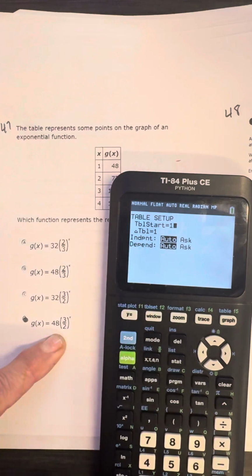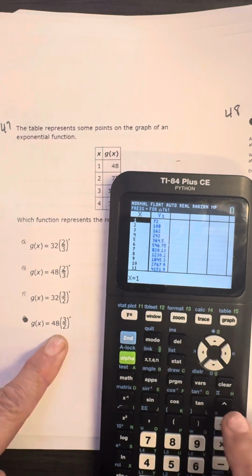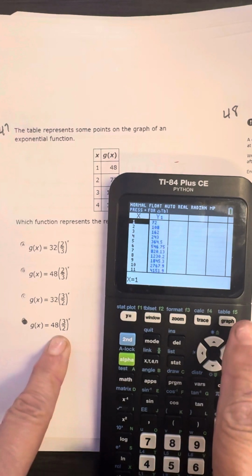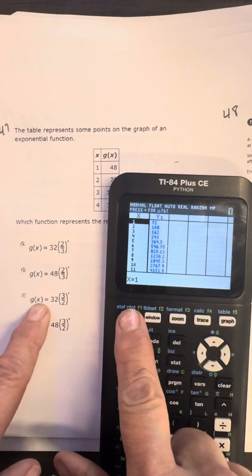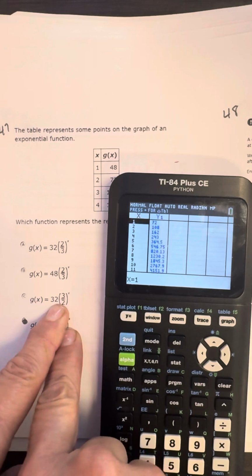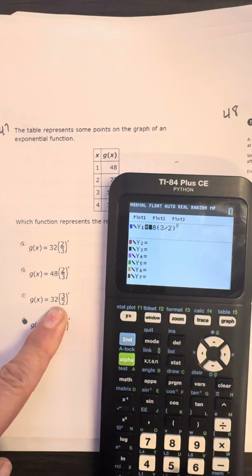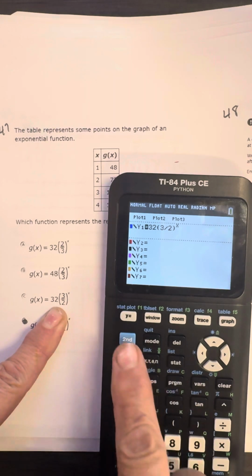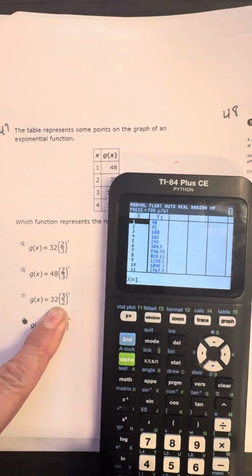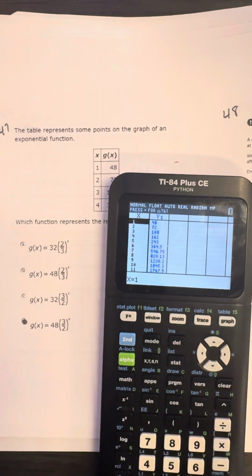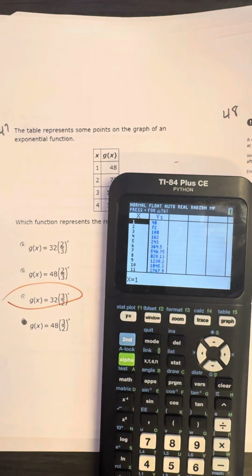So that's table start. And at 1, we have 72, not 48. But C, so 32 times 3/2 is going to give you 48. So change this to 32. Go to our table, and that table shows up. So your answer is C.